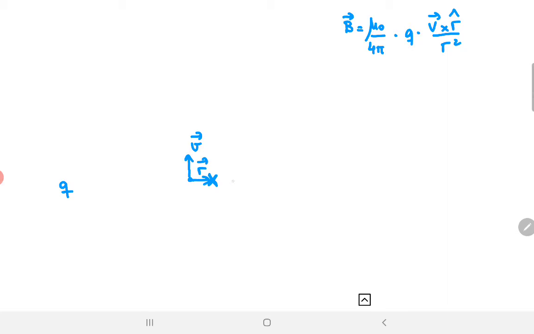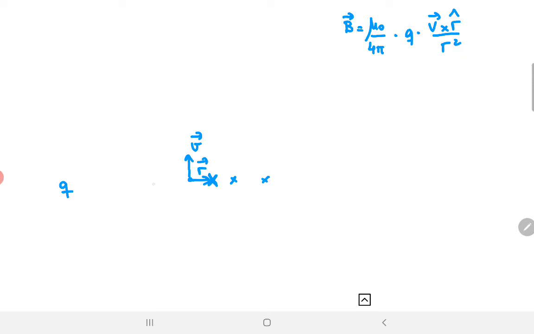Okay, so if I choose another point like this one here, I'm going to have the same direction. However, it's going to be further away from the point charge, so it's going to be smaller. The magnetic field is going to be smaller as I go away from the charge.